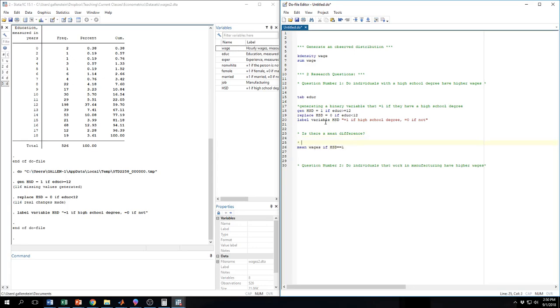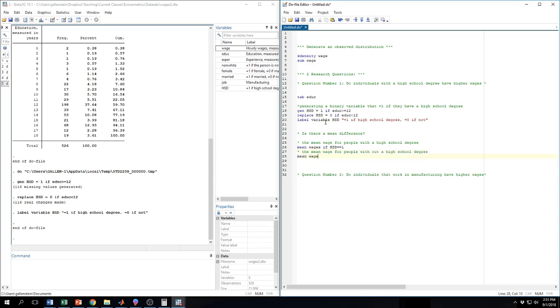So this would be the mean wage for people with a high school degree. And then we'll also do the mean wage for people without a high school degree.